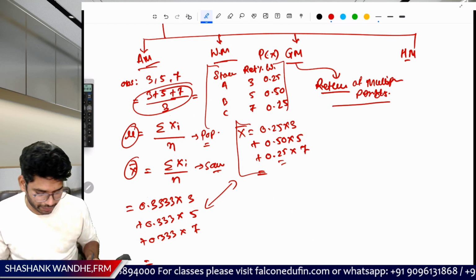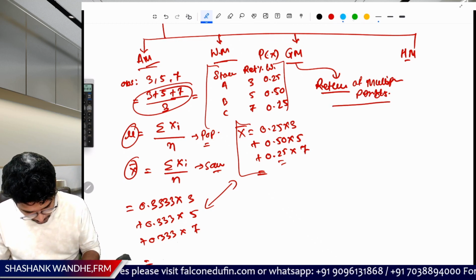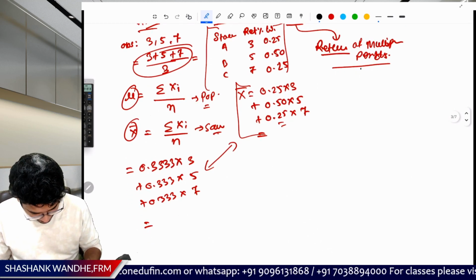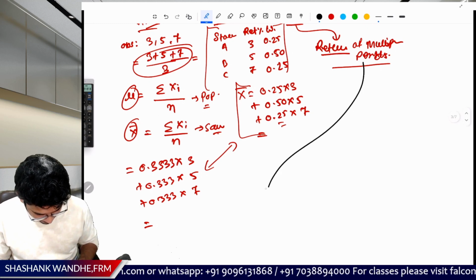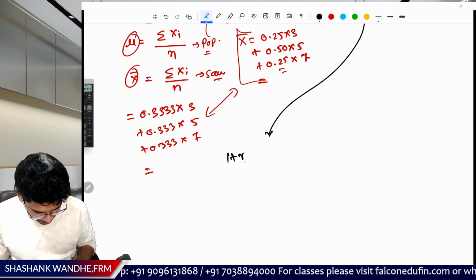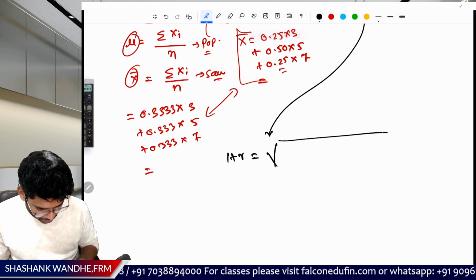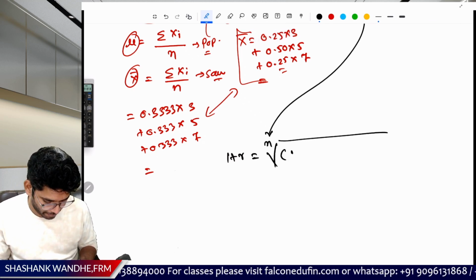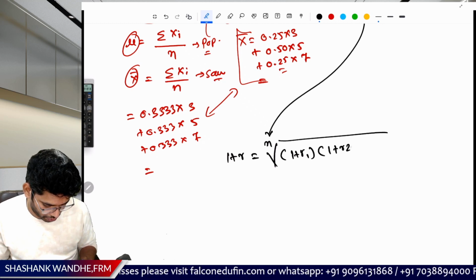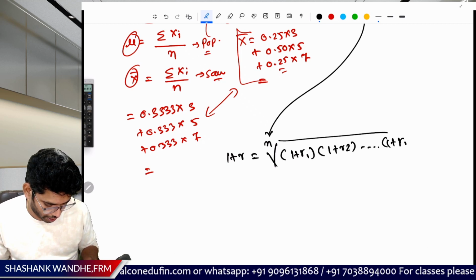The formula is, let me just write it here: 1 plus R is equal to the nth root of (1 plus R1) times (1 plus R2), and so on, up to (1 plus Rn).